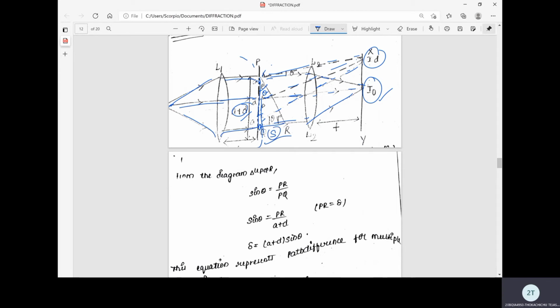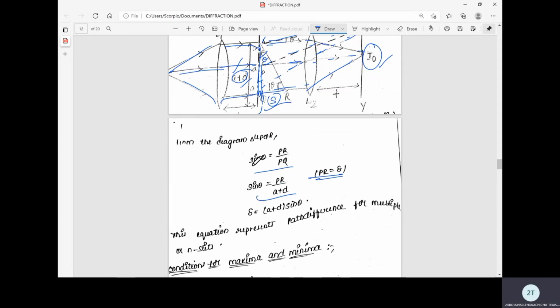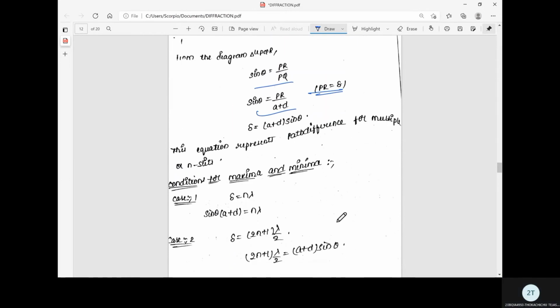QR is S, and the hypotenuse BQ is nothing but the distance between the first slit and the last slit, that is A plus T. So sine theta equals PR by A plus T, where PR is nothing but the path difference sigma. Thus we get path difference sigma equals A plus T sine theta in this experiment too. We have to note that this equation represents the path difference for a multiple number of slits.